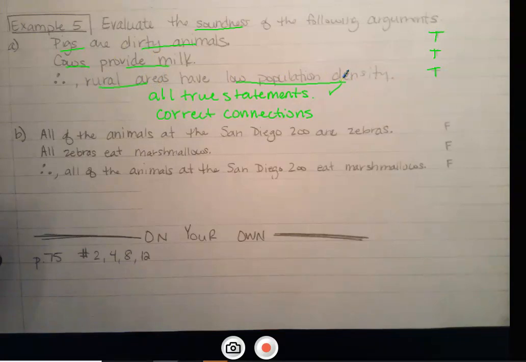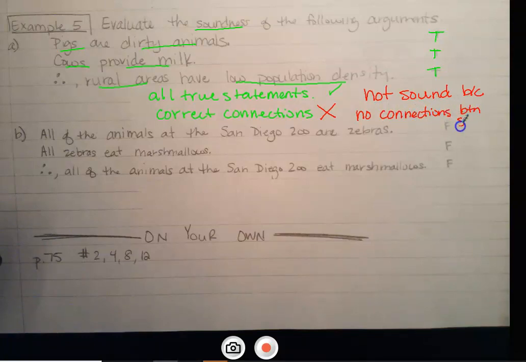Do these things have anything to do with each other? Kind of, but they're not actually connected. We're not talking about the same thing and drawing connections. They're all random things. So this does not have correct connections. Therefore, it is not sound, because there's no connection between the statements.